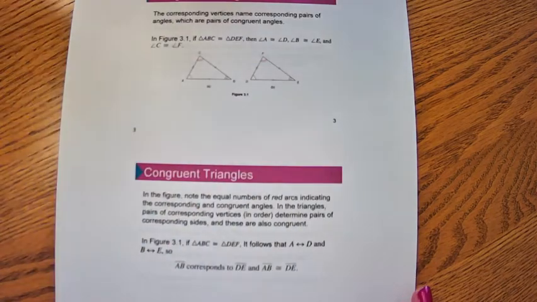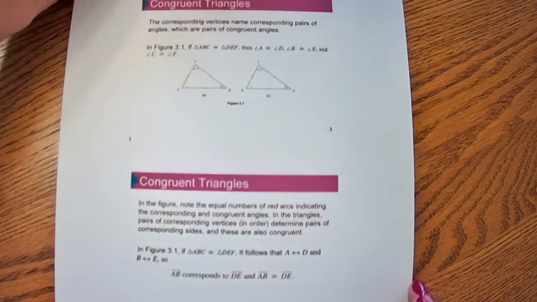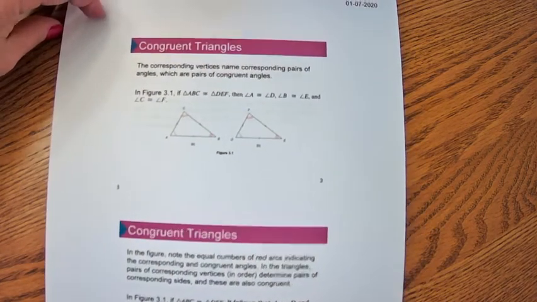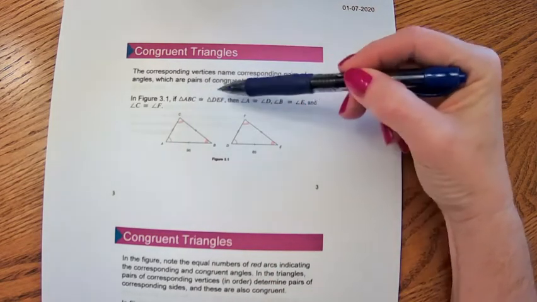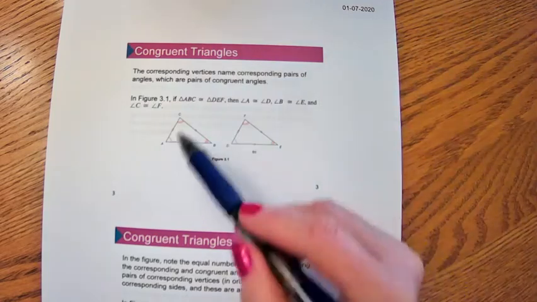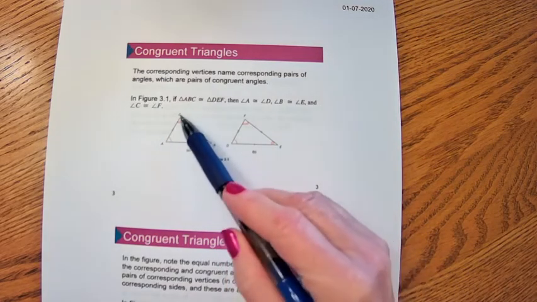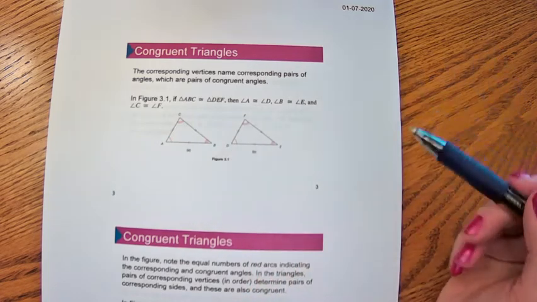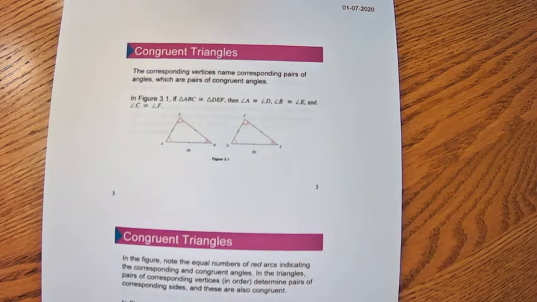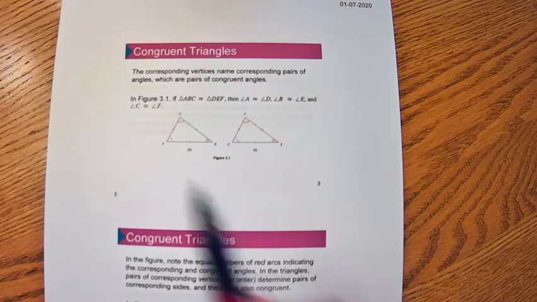We want to know which angles are congruent with each other and which sides are congruent to each other. So here we have two triangles, and we're told that triangle ABC is congruent with triangle DEF. That means all three angles are congruent and all three sides are congruent.